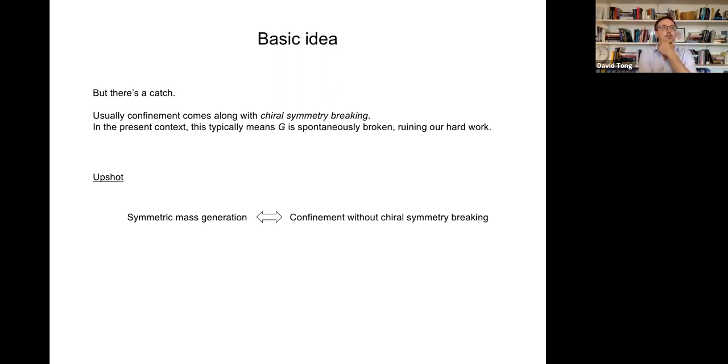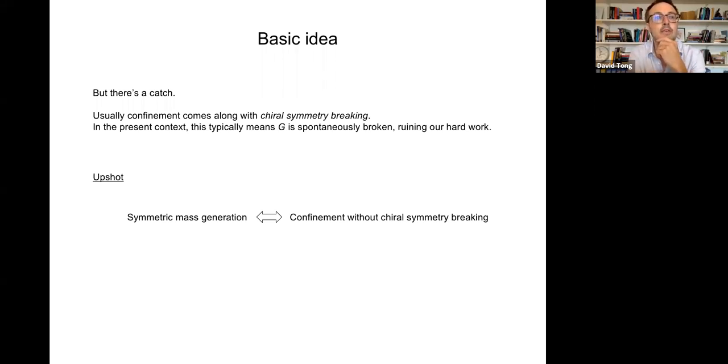In 2 dimensions, you have to be a bit more careful because of the Mermin-Wagner theorem. So if your chiral symmetry is discrete, for example, you could have a discrete symmetry which flips left-moving fermions by a minus sign, but not right-moving fermions. It's a chiral fermion parity. Then this statement is correct.